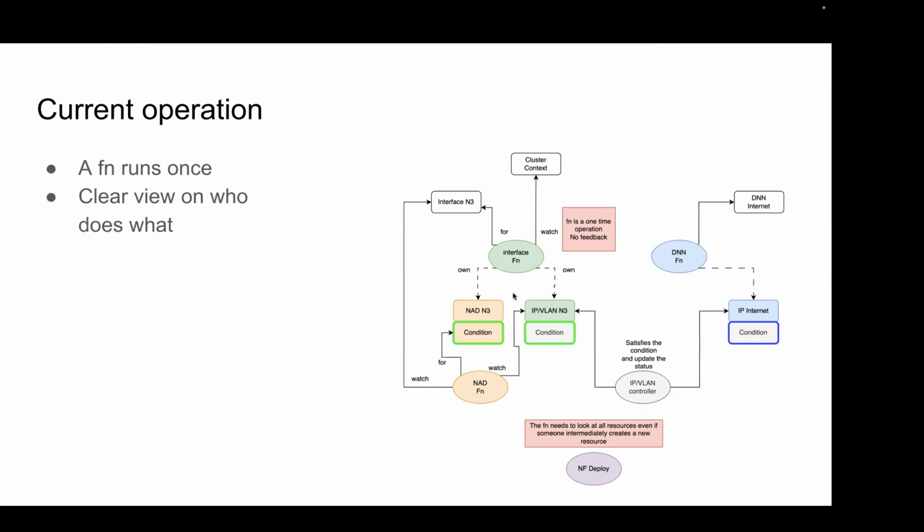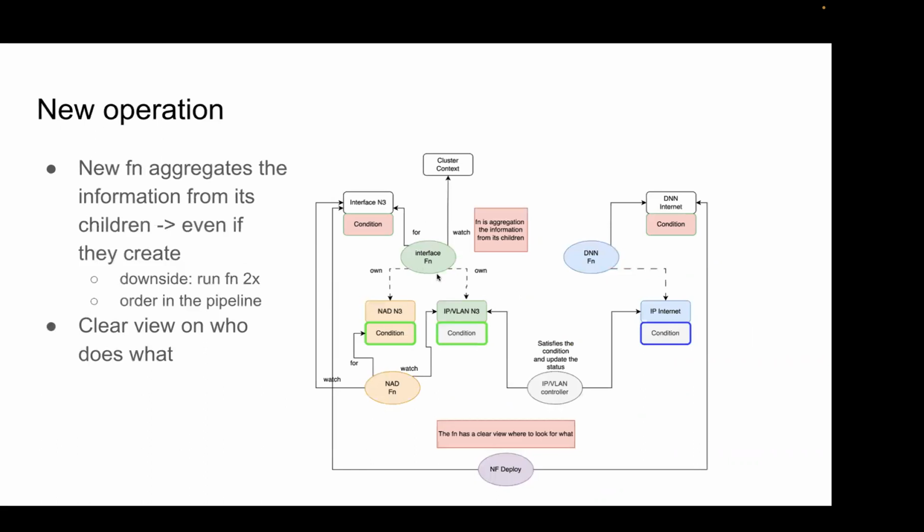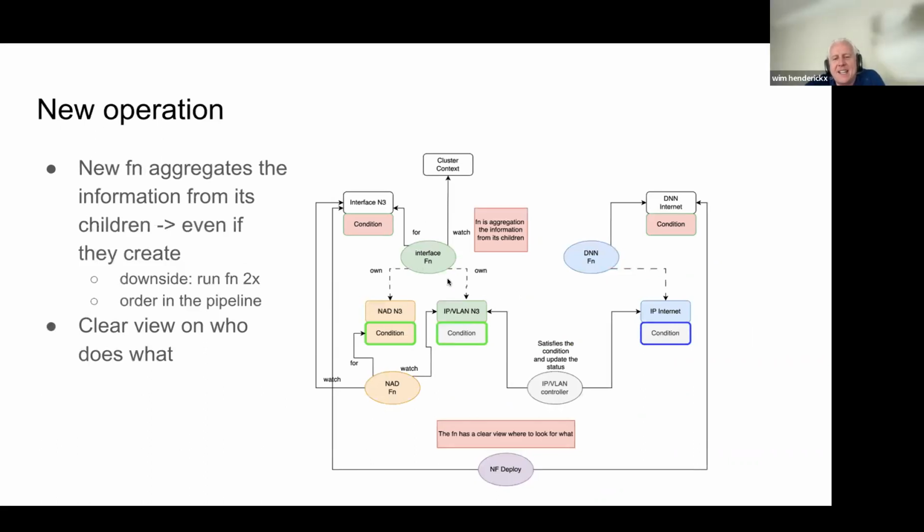So in this alternative approach, this interface still is going to create and generate these guys, but the difference is that this interface will create a condition for himself, right? That is not satisfied and is only satisfied if its children get satisfied, and then he will satisfy itself. There are two things.